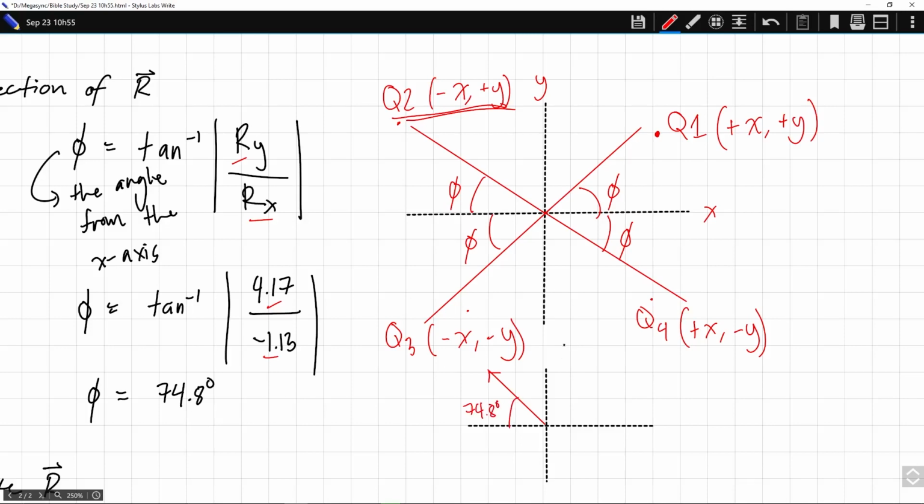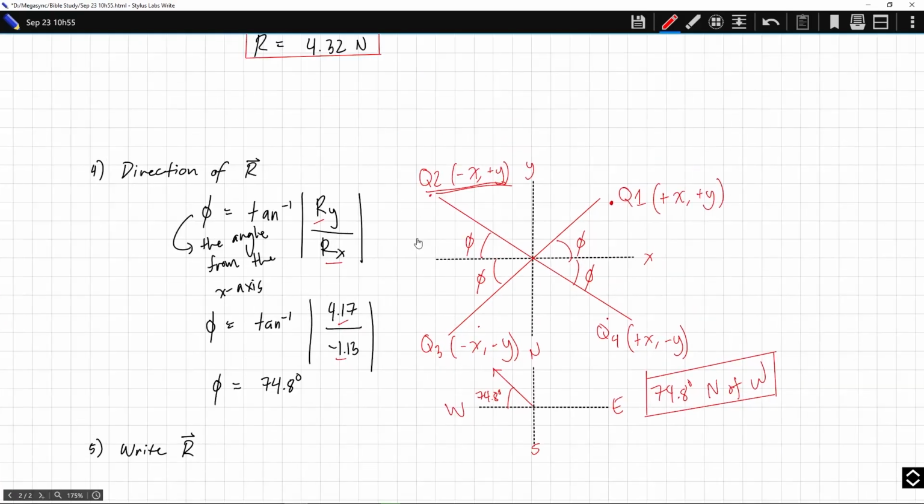Okay? So kung use natin yung ating four directions, north, east, south, and west, this is from west papuntang north. So the direction is actually 74.8 degrees north of west. So galing west papuntang north. So ito yung direction ng ating resultant vector.